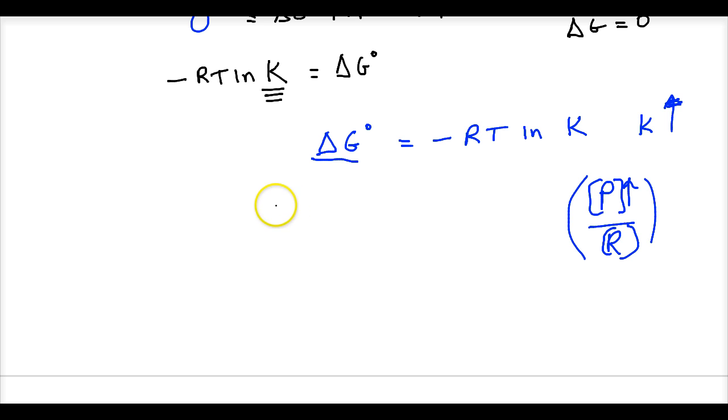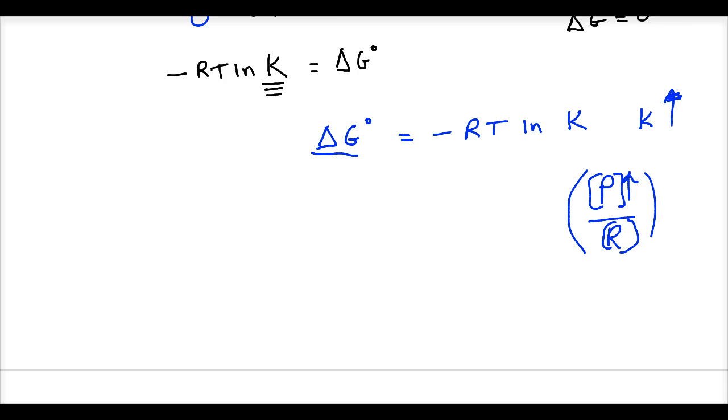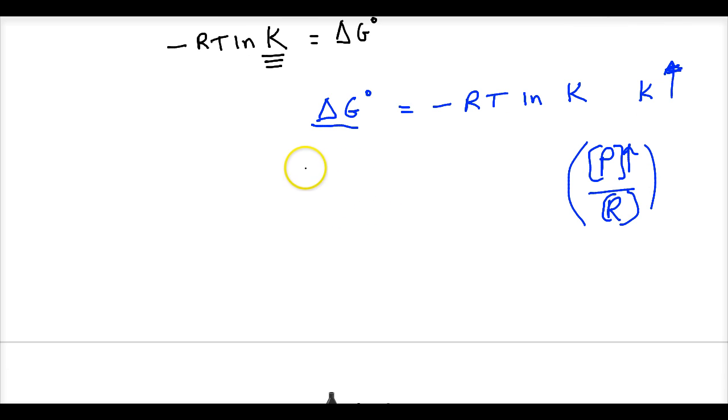So a way to look at this is to look at the bottom of a kind of hill in terms of the K. And if the K is really large, I'm going to draw it like this. This is K, and this is where my delta G non-standard is equal to 0.